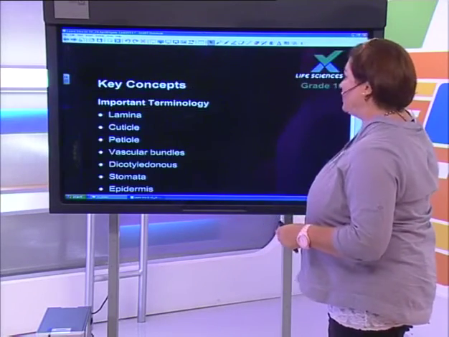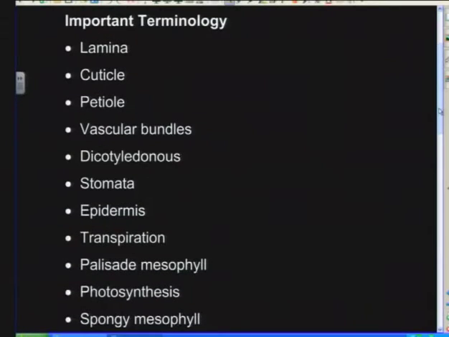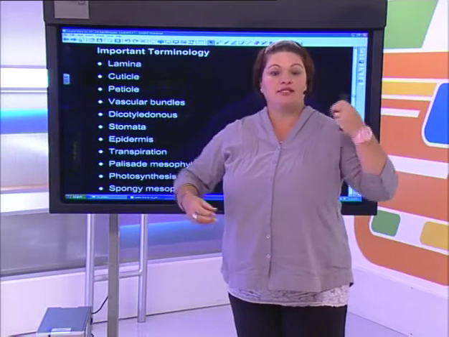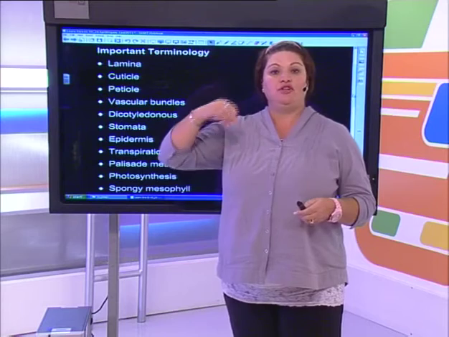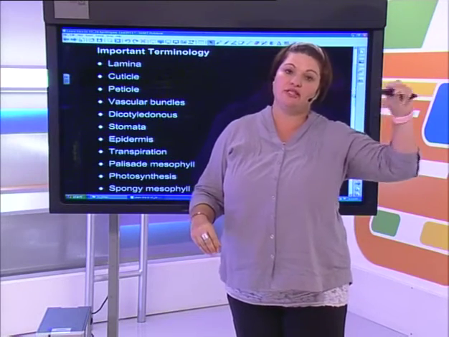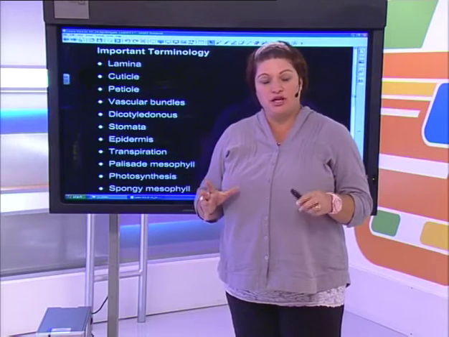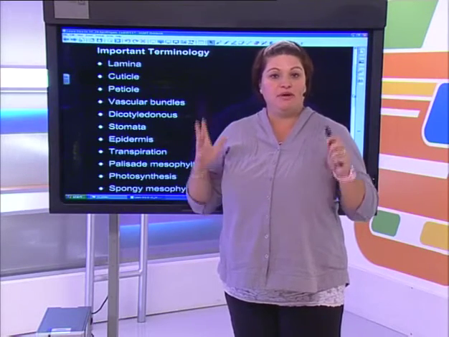Okay, if we have a look at terminology, please remember what I've used: petiole, epidermis, palisade mesophyll, spongy mesophyll. I've looked at the dicotyledonous plant versus a monocotyledonous plant. So when we look at our plant structures, you need to remember all of those terms.